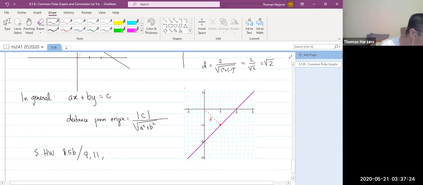Number 49, number 51, and then number 55, just converting the equation though. And then 57, 59, 61, and 63. Don't forget to do the 63.